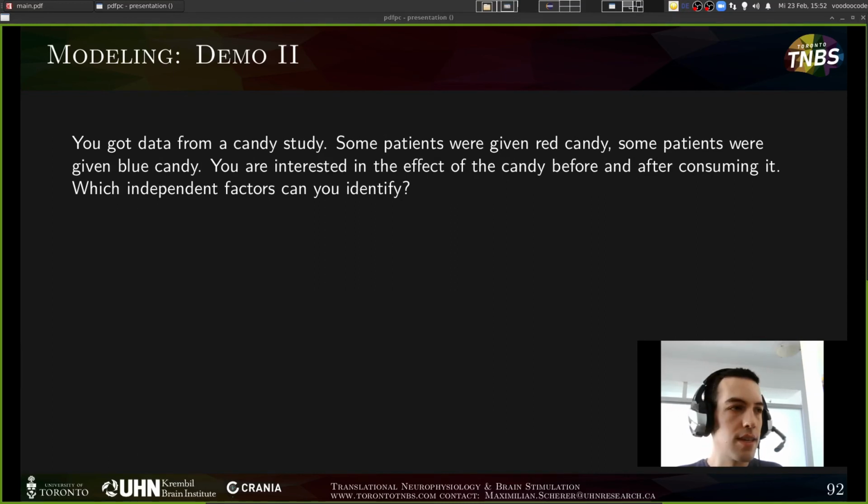And then I have a third example here. Let's say we do a candy study. We give some patients a red candy, some patients get blue candy, and we are interested in what the candy does to the patients. And then again, the question would be, what kind of factors would you identify when having this setup?